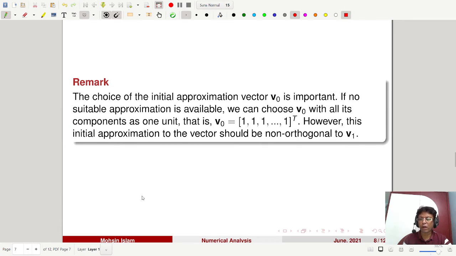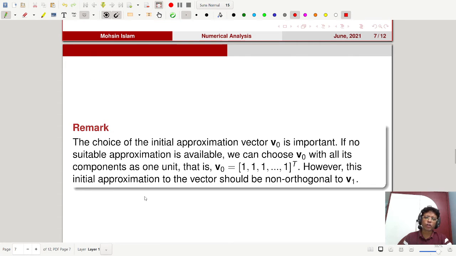Now some remarks. The choice of the initial approximation vector V0 is very important, otherwise it will diverge. If the choice is not correct, it will go far away from your initial point. If no suitable approximation is available, we can choose V0 with all its components as one, that is V0 equal to 1, 1, 1, like this.